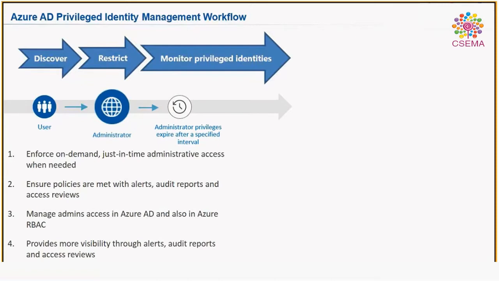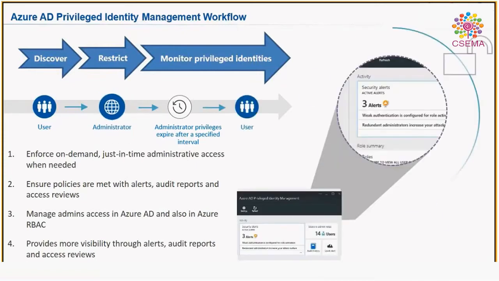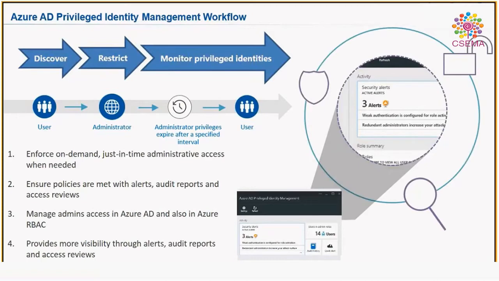So I will walk you through the flow, how it will work, in a graphical manner. And I have one small demo site, so I can walk you through that. But just to give you the brief idea, this privilege will expire after the specified interval. And again, that user will become a normal user, because he will lose the privileged access once that interval expires, right?